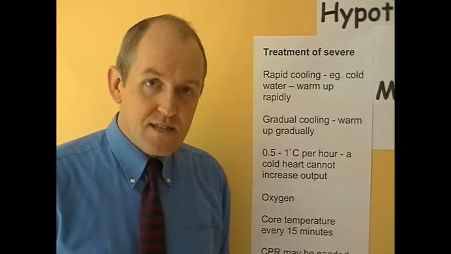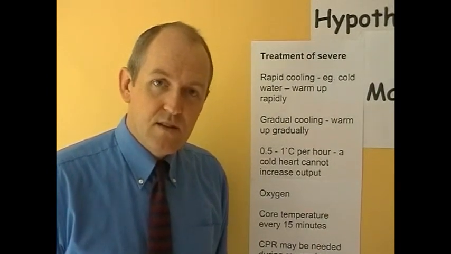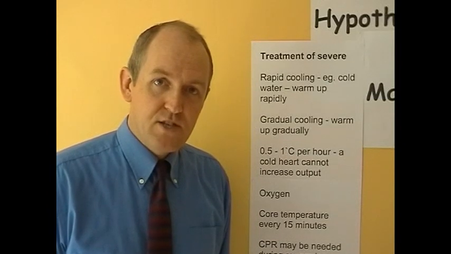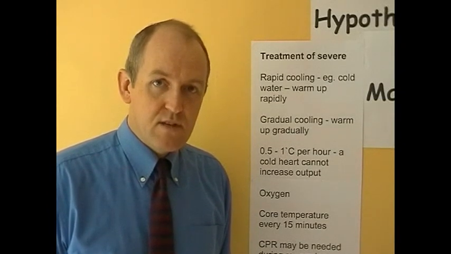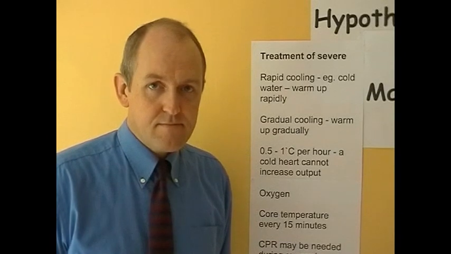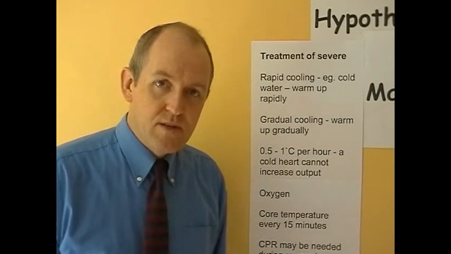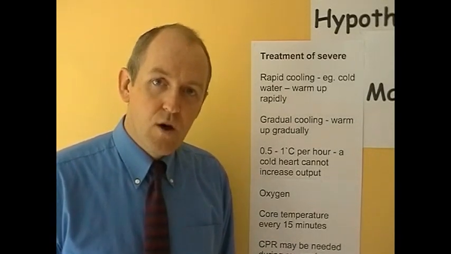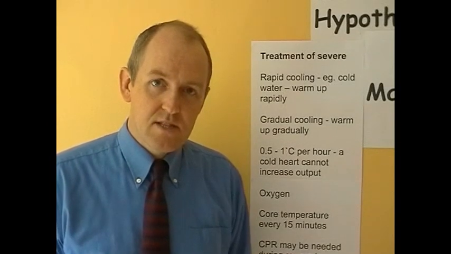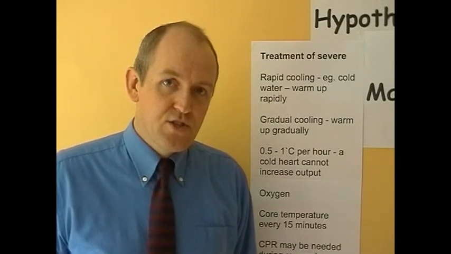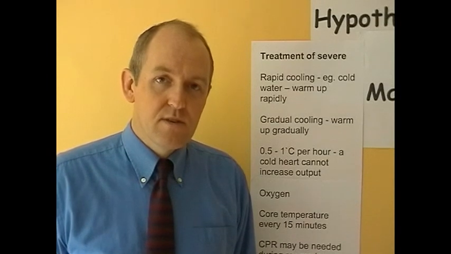The problem to balance this against, of course, is the fact that we've said that the more hypothermic a patient is for longer, the increased risk of cardiac arrest there is. But what tends to happen in these long-standing cases of hypothermia, the established cases, is that these patients are generally warmed up really quite slowly.